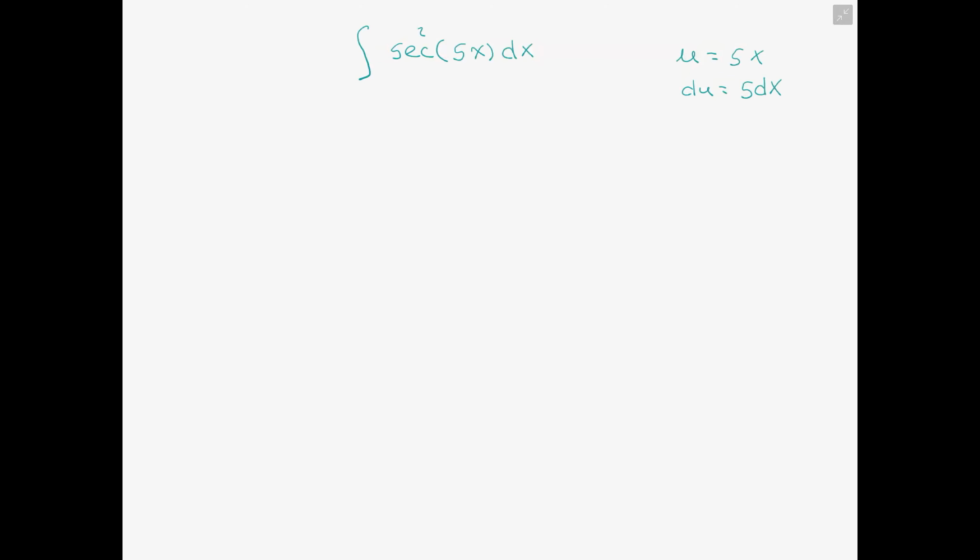And again, we look at the argument, u equals 5x, and du equals 5 dx. And so we don't have 5 dx, so we go 1/5, and so that's equal to 1/5 secant squared u du.